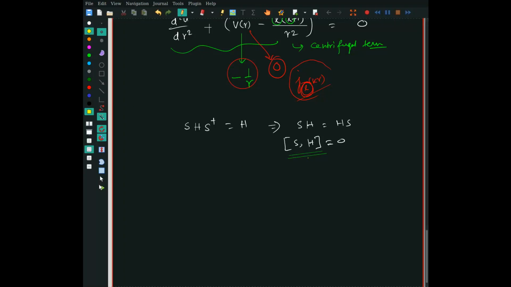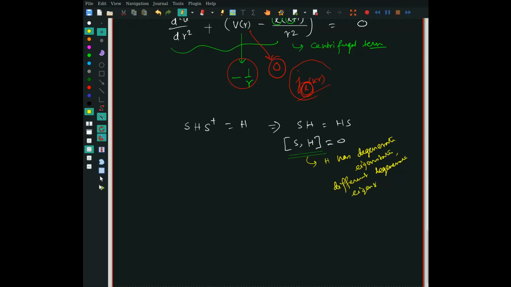If this is the relation, then H has degenerate eigenstates, and different degenerate eigenstates are labeled by the eigenvalues of S.